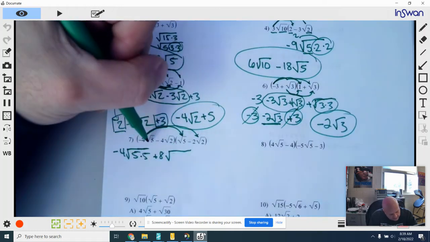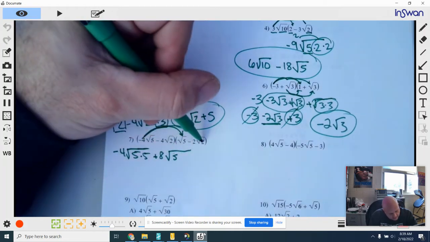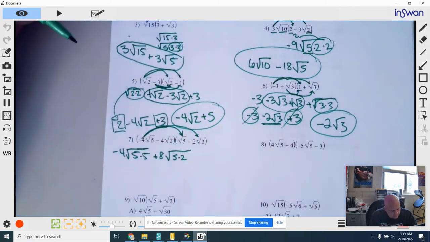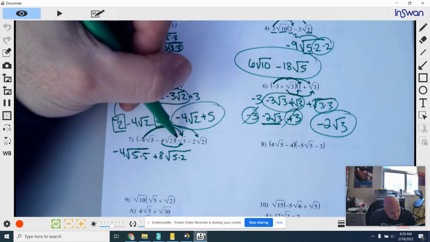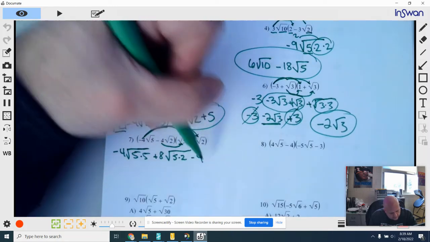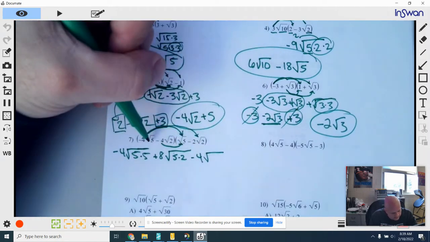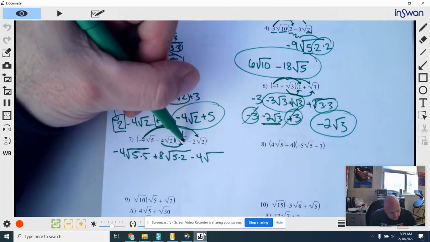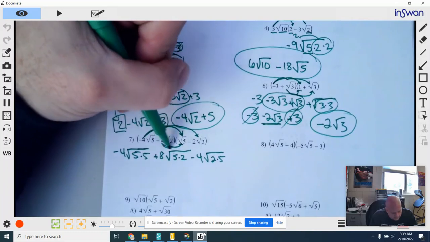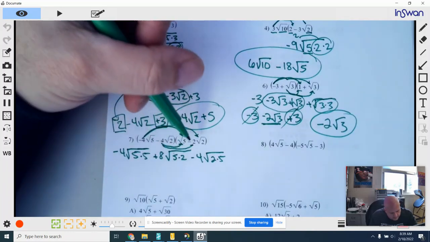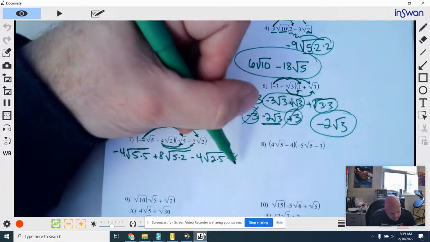And then you had this root 5, and then you're multiplying by that root 2. Okay, then we're coming underneath this way. Negative 4 times technically a 1, so that's a negative 4. And you had a root 2 times a root 5.